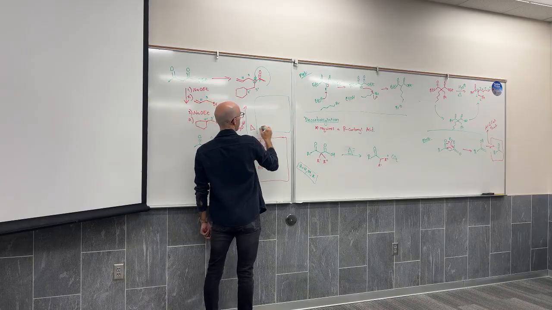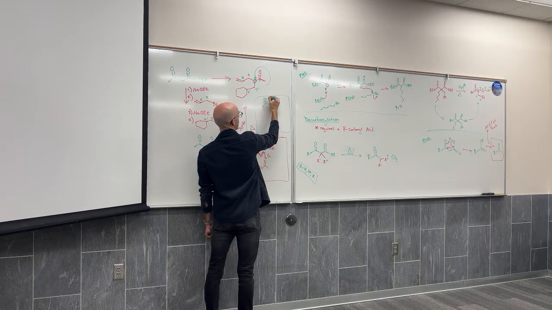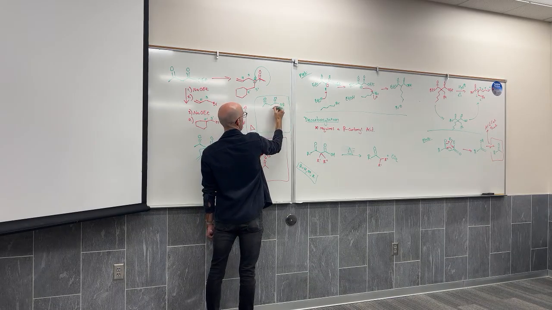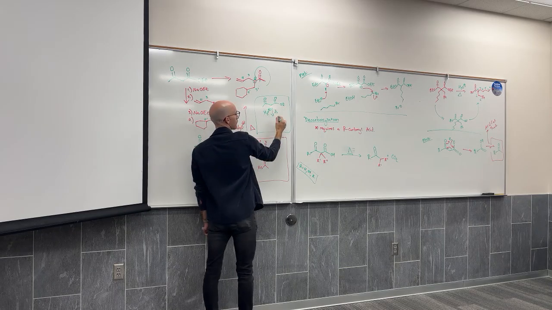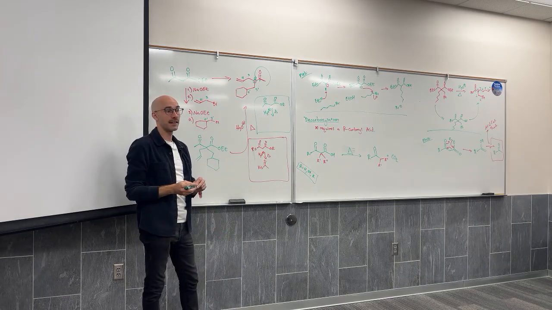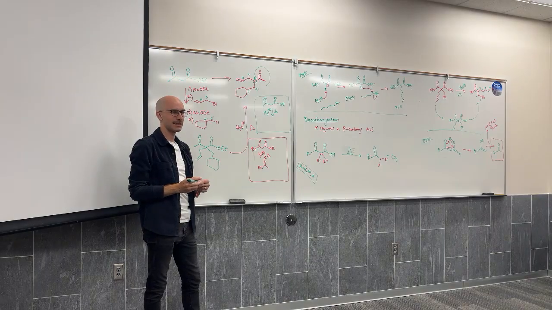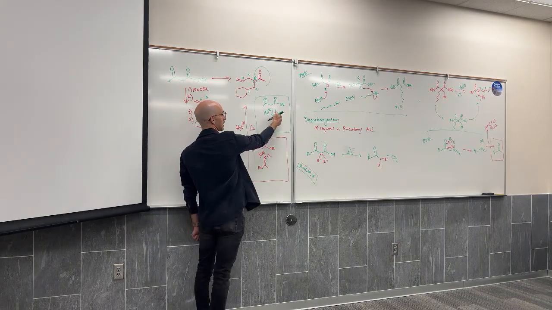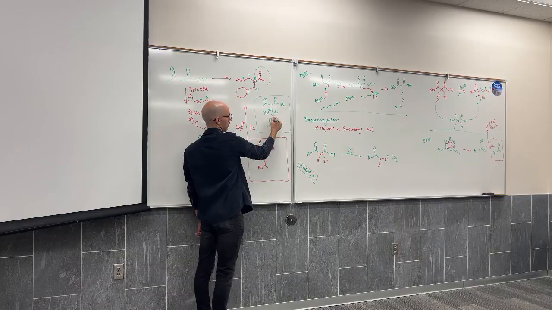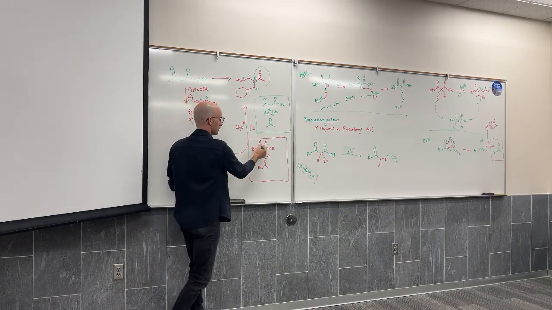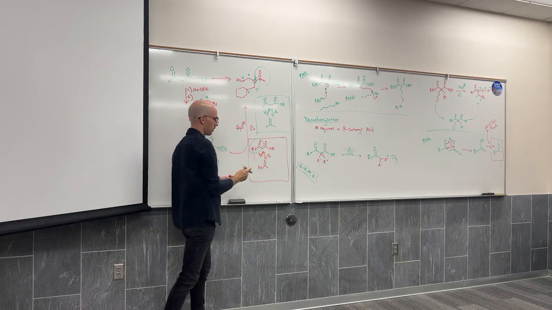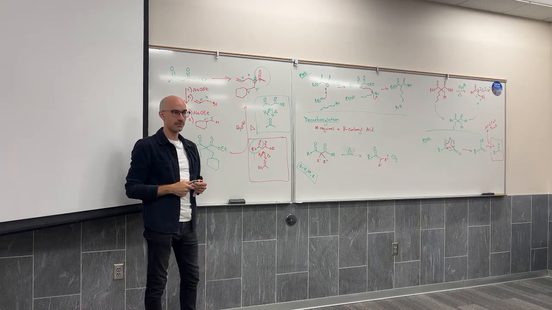But if I work with acetoacetate, and I hydrolyze this, I get acetoacetic ester, or acid, acetic acid. And if I decarboxylate that, I get a ketone. So the point is, one of your carbonyl groups will leave.